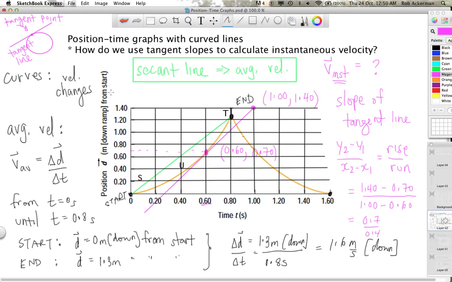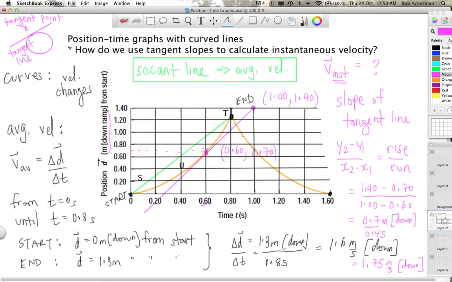Again, the rises, the y values are in meters going down. And the x values are in seconds. And if you punch this into your calculator, 0.7 over 0.4, that's like 7 over 4, which is 1 3/4. 1.75 meters per second going down the ramp.